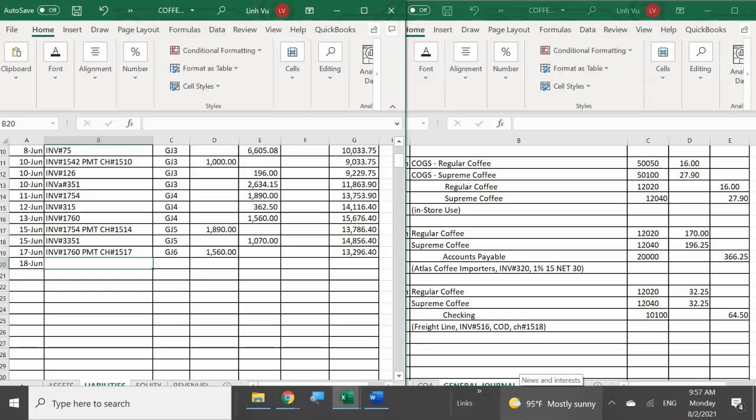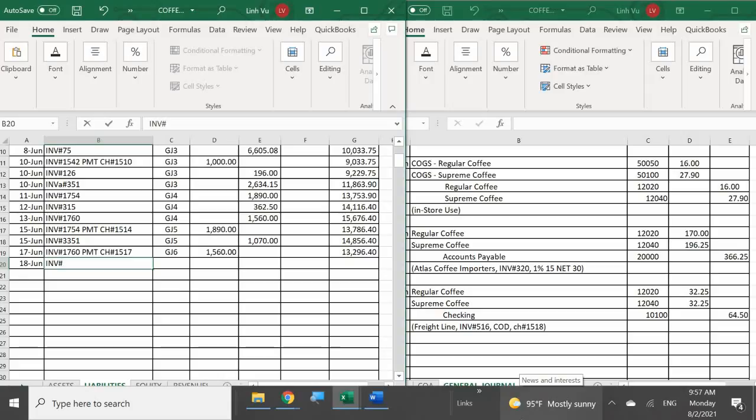So in this case, what is the detail I'm going to write into my accounts payable? What's the note that I'm going to put here? Invoice 516. Not 516. Oh, so we wouldn't use the freight invoice?